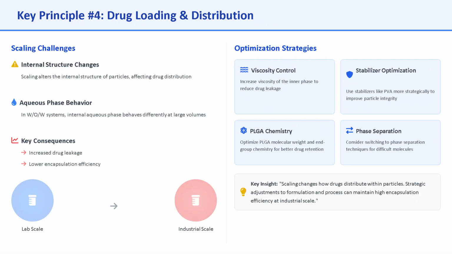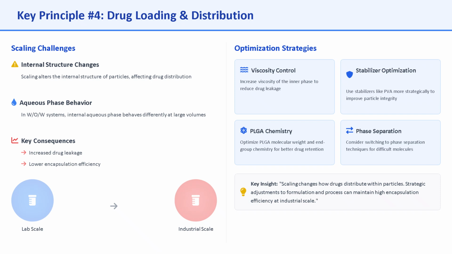At some point, every team trying to scale up PLGA realizes that the old stir and pray method simply won't work. So we turn to advanced droplet formation technologies. High-pressure homogenizers offer high throughput but less control over droplet size.